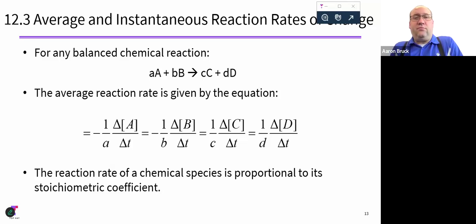First, are they reactant or product? If they're reactant, then we put a negative in front. If they're product, then we just keep it as positive. But the rate of change is going to be influenced by one other factor, the stoichiometry.